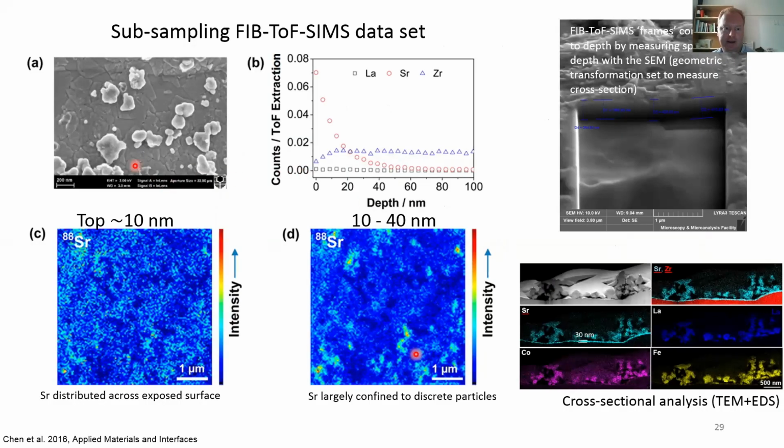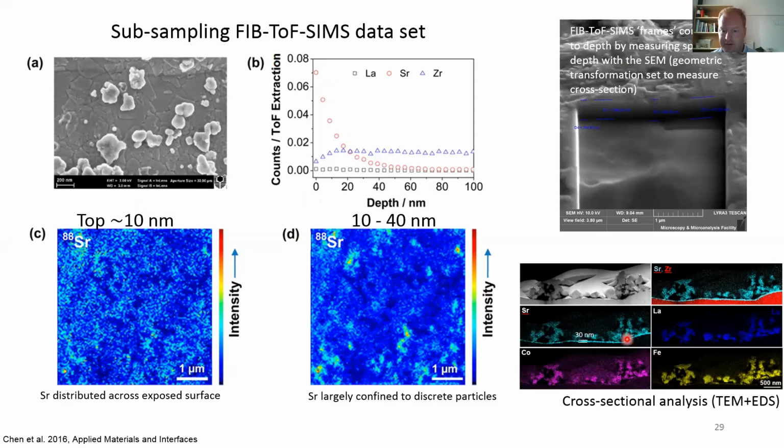And this is another example of that, where we did our depth profiling. Our FIB-SEM was used to measure the depth of our pit, and that converted the frames to depth. And you can see once again the same profile. But if we, in our data set, just look at the first 10 nanometers of data, you can see that strontium is fairly distributed across the surface.